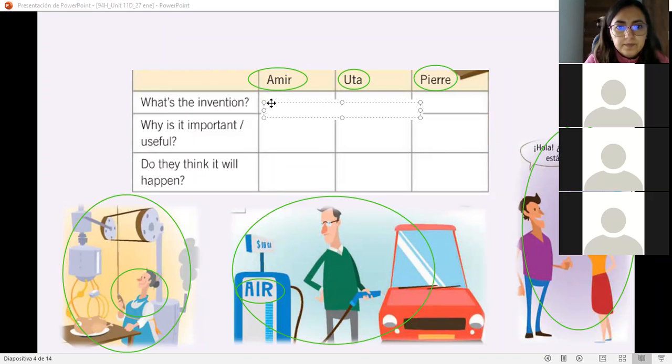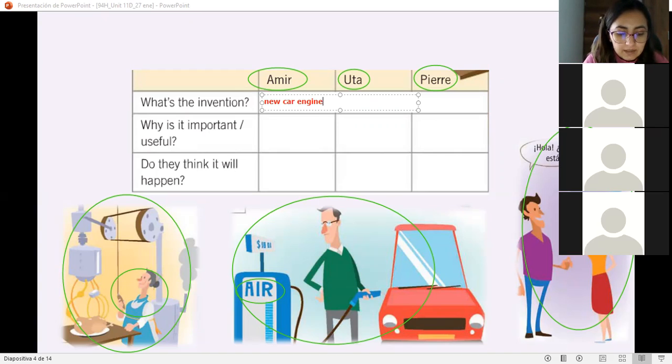What's the main part of the car which makes it move? ¿Qué parte del carro es la que hace que se mueva? Engine. Engine, exactly. So he is talking about a new car engine. Good. So why is this so important or useful?